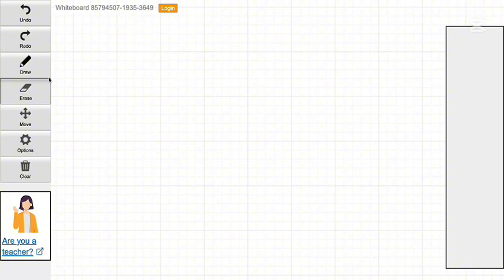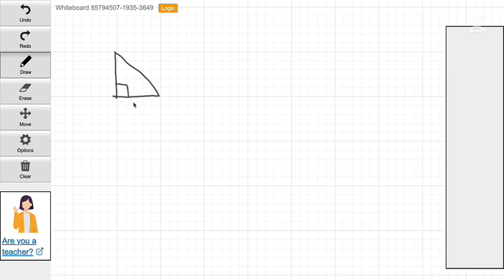Alright, next up is a triangle. So say the bottom of the triangle is 6, and this part is 4. You just want half of the base, and then multiply it by the height.